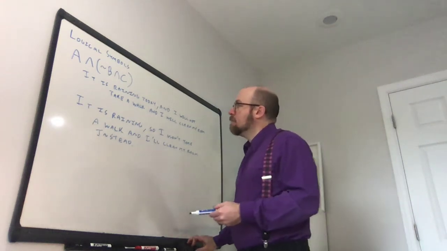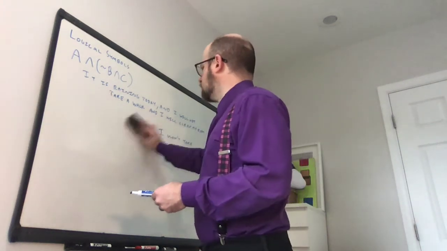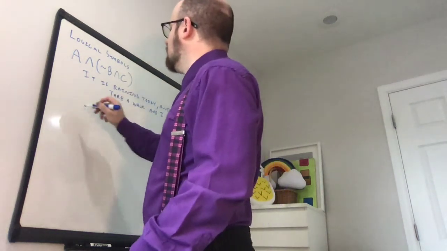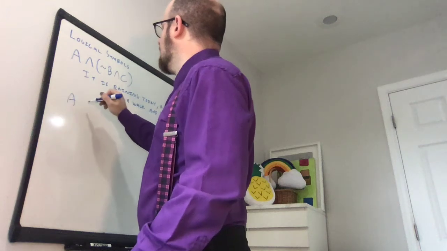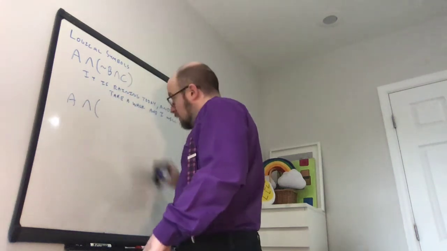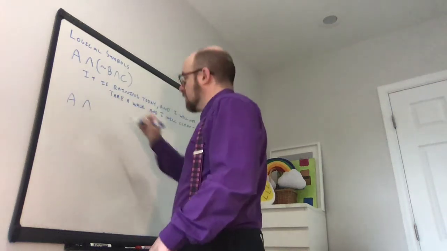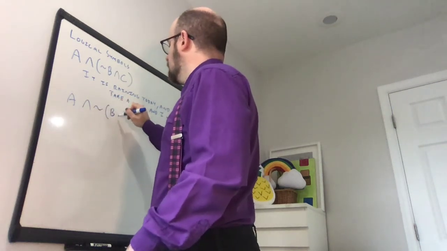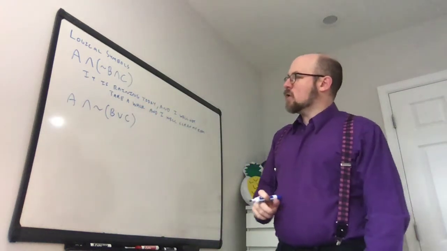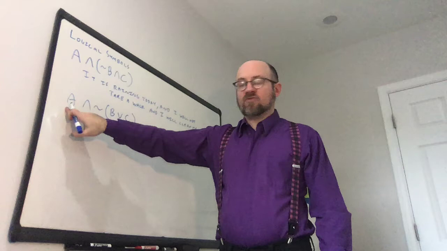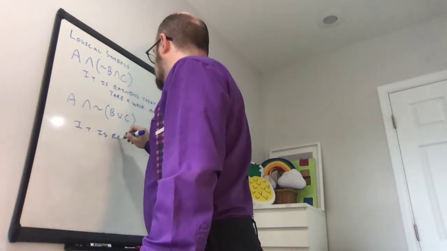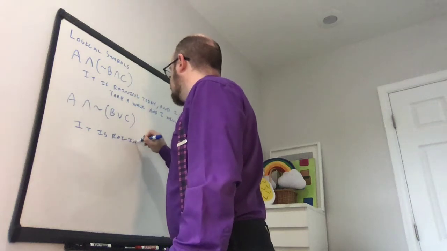Okay? The other thing to think about is how things can combine. If we said something like A and not B or C, okay? So now we've got statement A, it is raining today. It is raining.